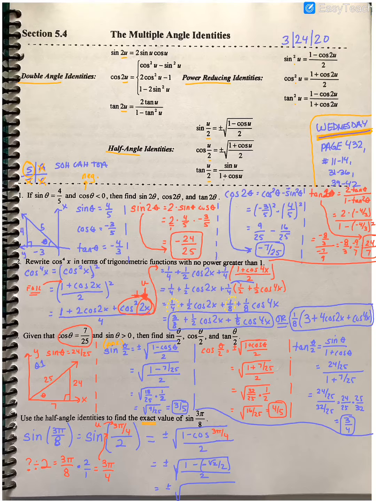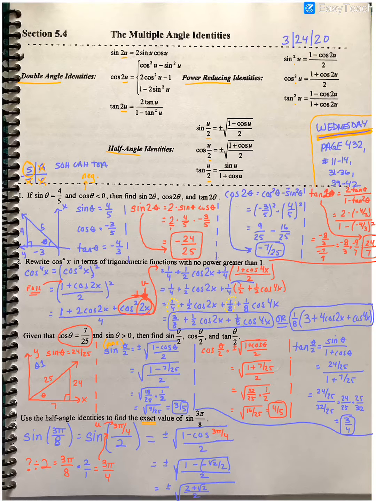What is 1 plus radical 2 over 2? 1 is a fraction with a denominator of 2, and that is 2 over 2. So what's 2 over 2 plus radical 2 over 2? Hopefully you are with me and realizing that is 2 plus radical 2 all over 2.